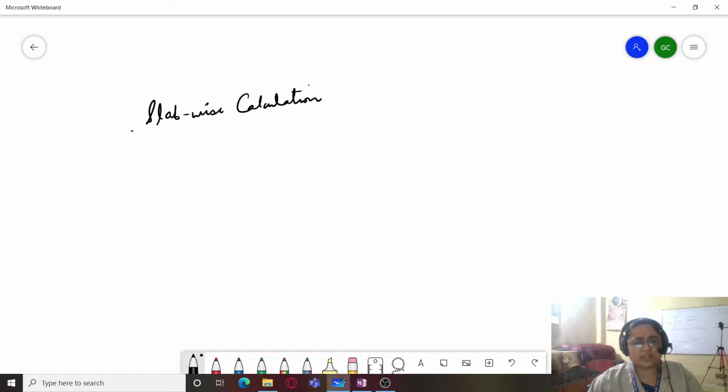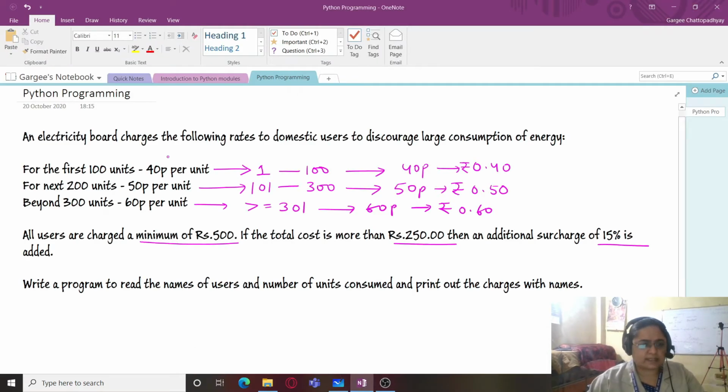Slab-wise calculation says that if I have units as, say, 90 units, then I would first be checking the slab. Which slab is it falling into? So 90 units, you can see that it falls within slab 1, which is from 1 unit to 100 units.